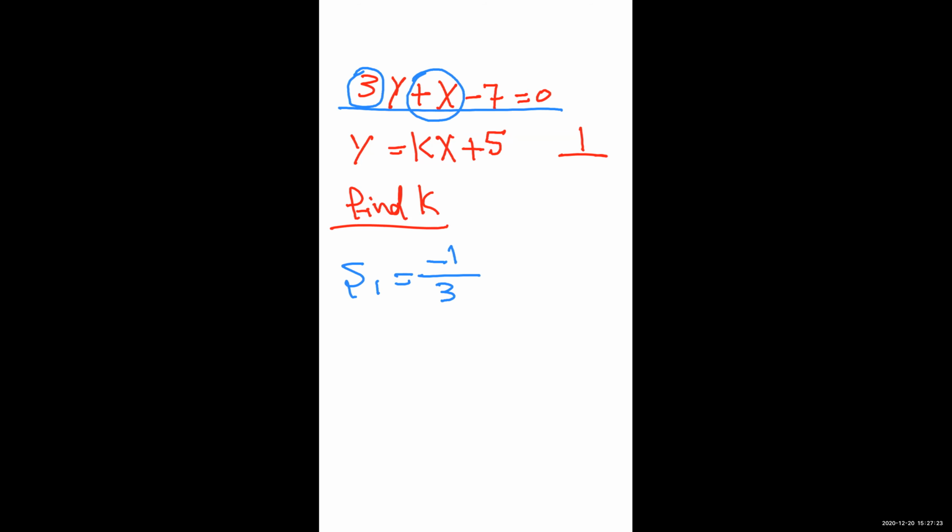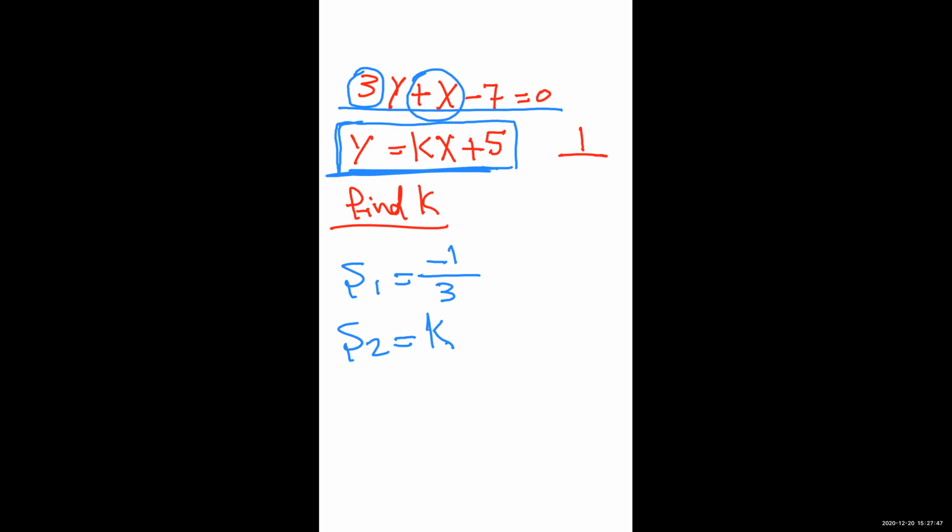Slope 2 for the second equation: this one is in the form y equals mx plus c, right? So directly, the slope here will equal k. Are we correct? Yes. Great.